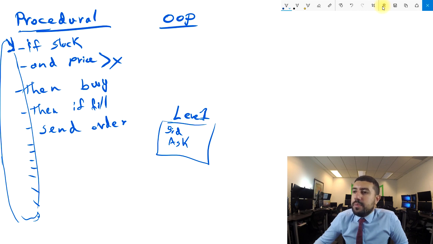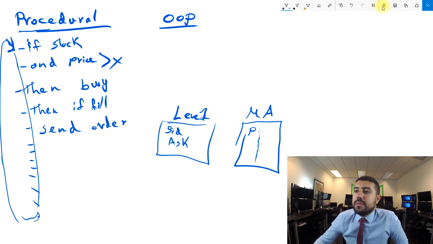Then you can have another object, which is, let's say, a moving average. And that moving average is going to have the prices of a moving average for each day.